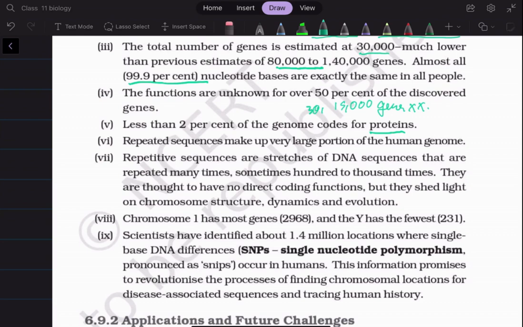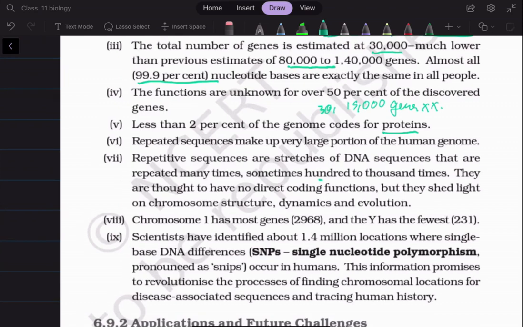These repeated sequences are repeated from 100 to 1,000 times, and they do not have any coding functions, but they definitely help us in understanding the dynamics, structure and evolution of chromosomes. And because of this, we came up with DNA fingerprinting. We'll see that in the next video.